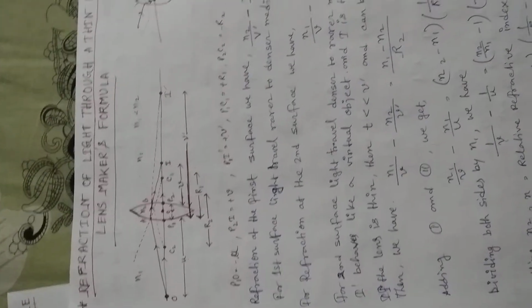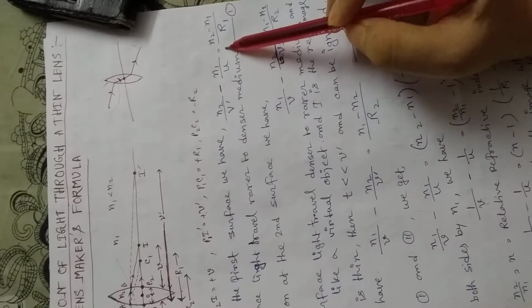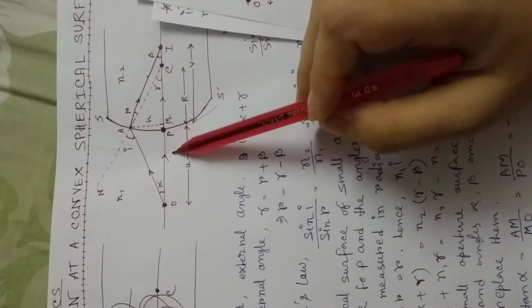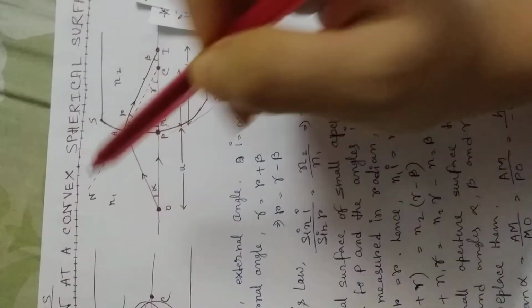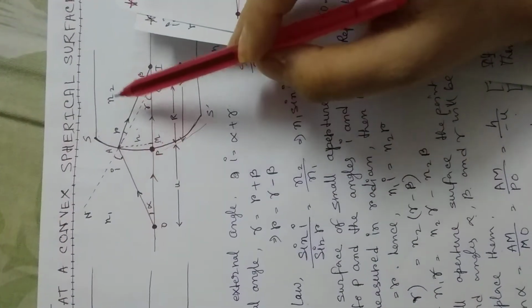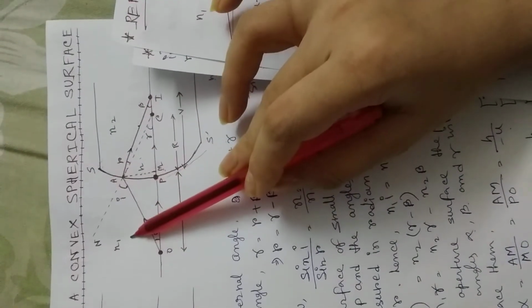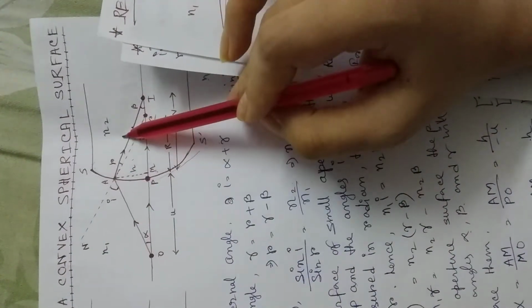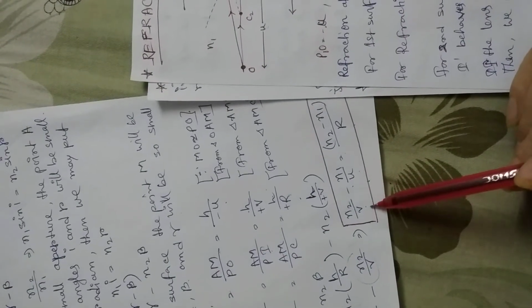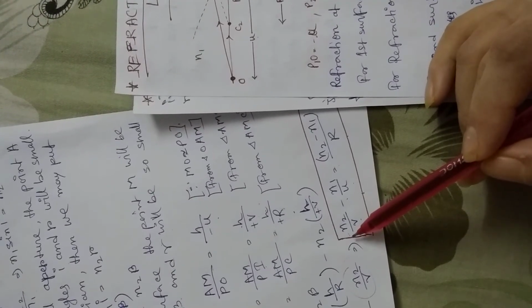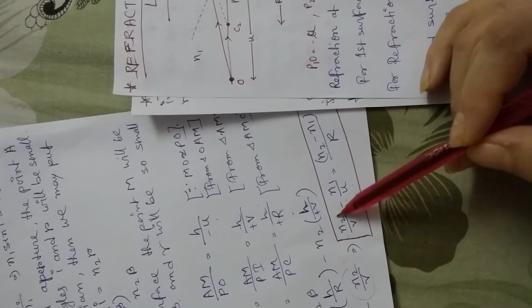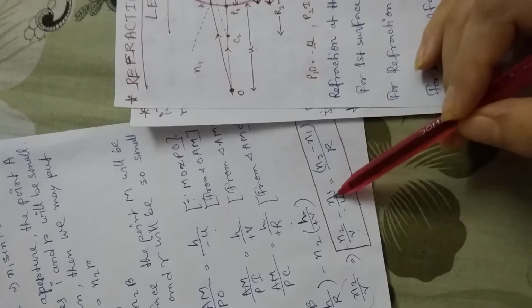So for the first surface, light travels from rarer to denser medium. That's why we take this equation, because here we are considering light traveling from rarer to denser medium. But if we assume that N2 is less than N1, that means this is the denser medium and this is the rarer medium, then the form will change. N2 is replaced by N1 and N1 is replaced by N2.